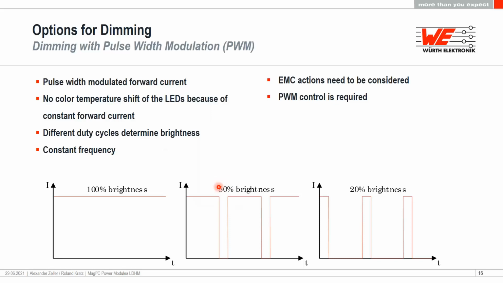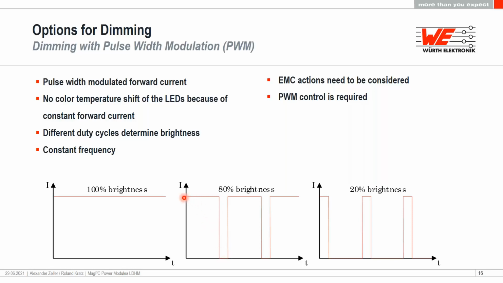Most common is the pulse width modulation dimming. It will look like this: you have a fixed frequency consisting of the on time and the off time, and the ratio between on time and off time will give you the brightness.